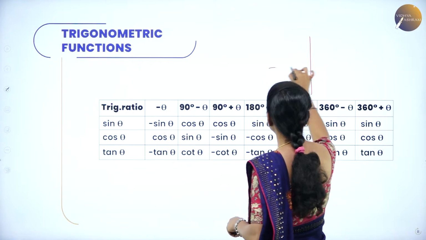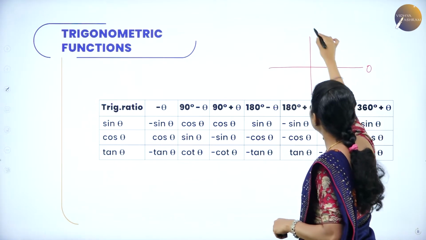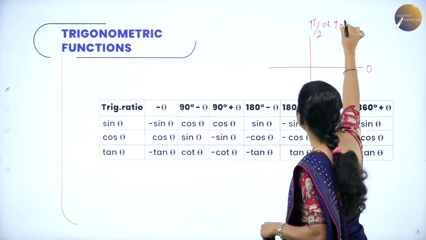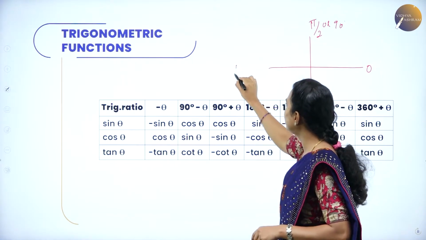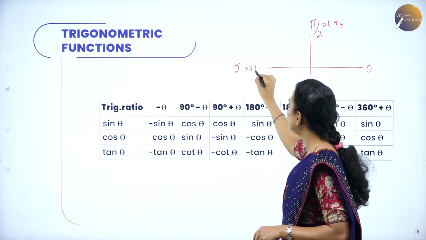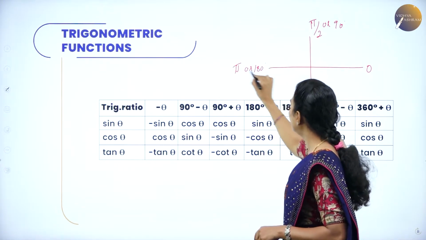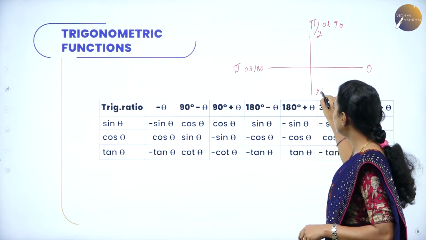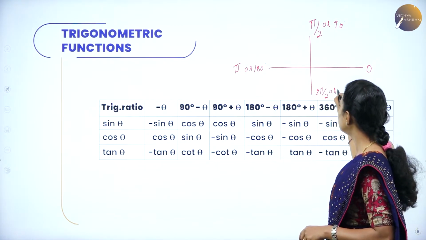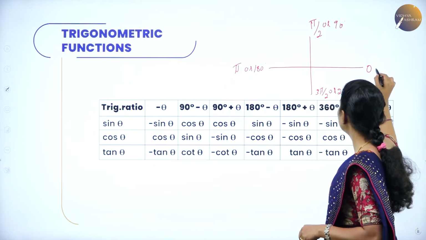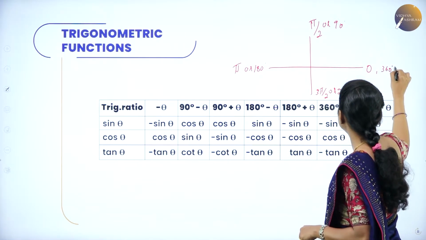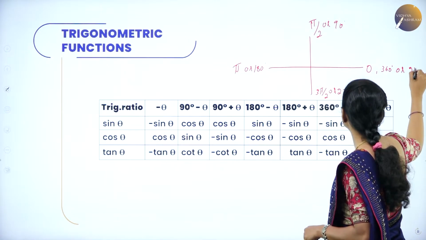Here I am going to write 0 to 90 degrees, then 90 to 180 degrees or pi, then 180 to 270 degrees or 3 pi by 2, and then 270 to 360 degrees or 2 pi.